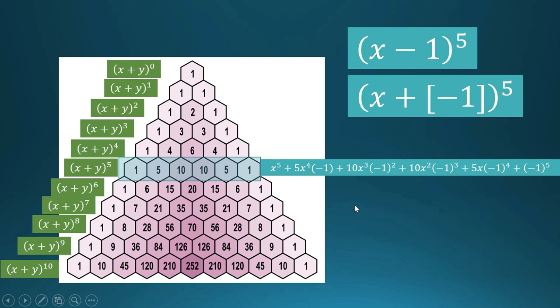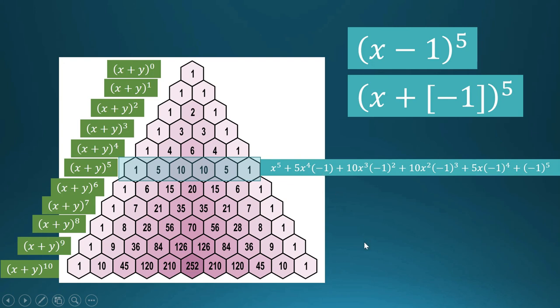Now, how about the numerical coefficients? You just copy the entries in your Pascal triangle. 1 is the coefficient of the first term. Then 5, 10, 10, 5, 1. And after that, that's when you simplify the terms of your polynomial. You apply the law of signs.